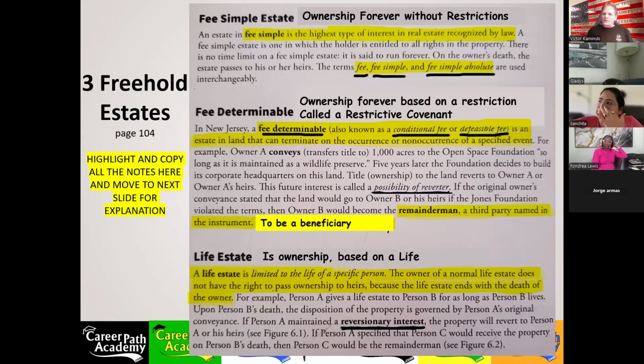So if I give you a life estate, I'm giving you ownership of my property. You have all the ownership rights of anybody. You could sell it, lease it, or give it away. If you lease it, yeah, you can make money. If you sell it, what is the person getting that you're selling it to?